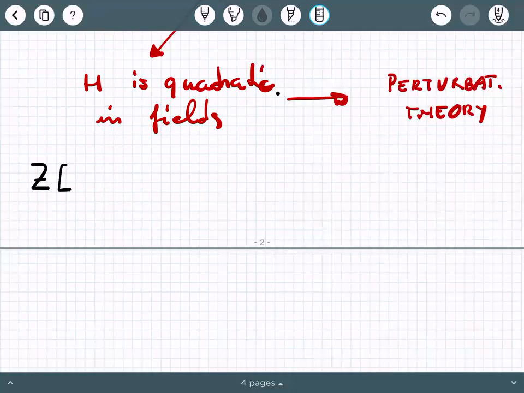Why? Because colorful objects cannot be observed in QCD because of the phenomenon of quark confinement, right? So suppose that this colorless operator only couples to quarks and not to gluons. Why? I mean, I don't want to do a course in QCD here. I just want to give you an example, okay?